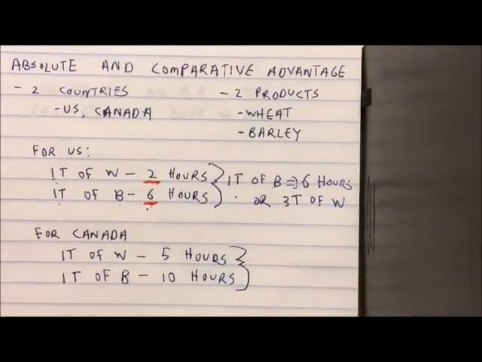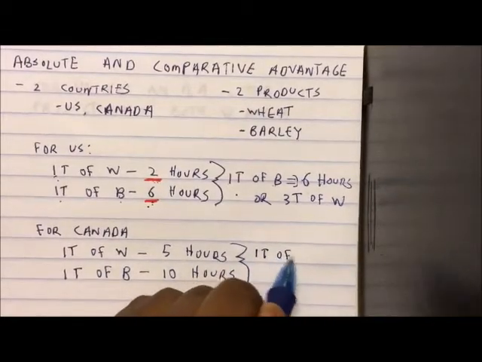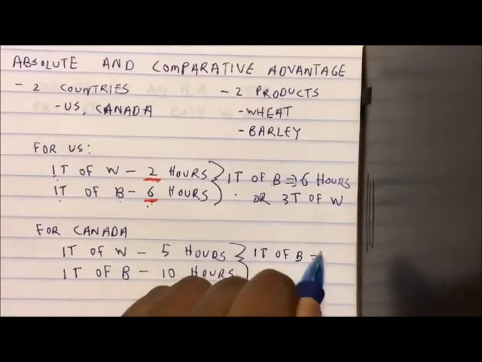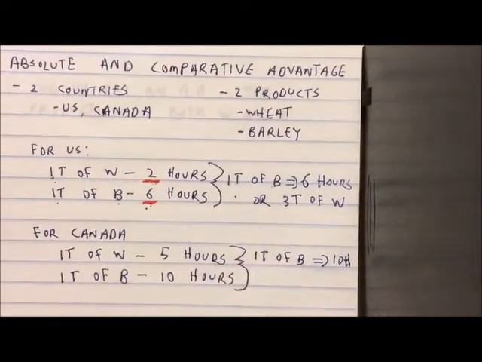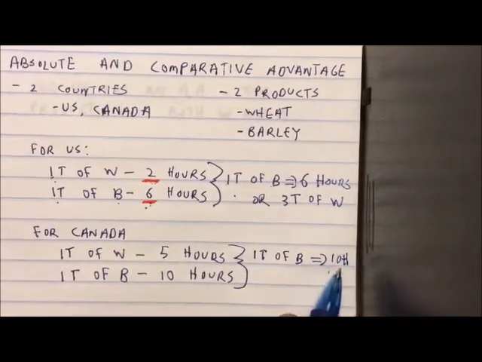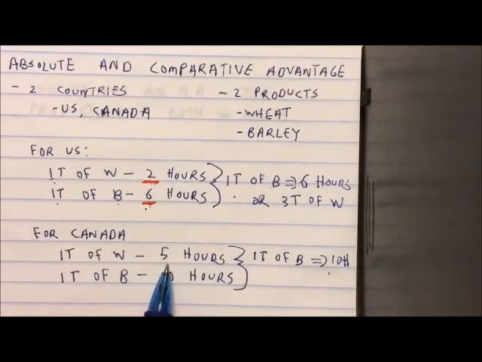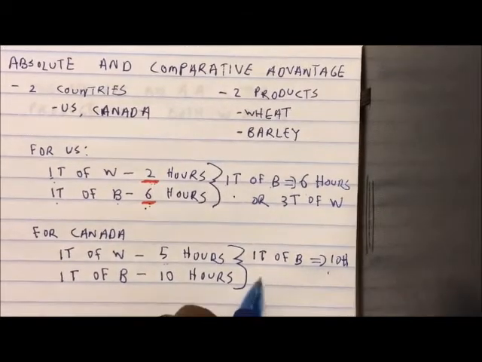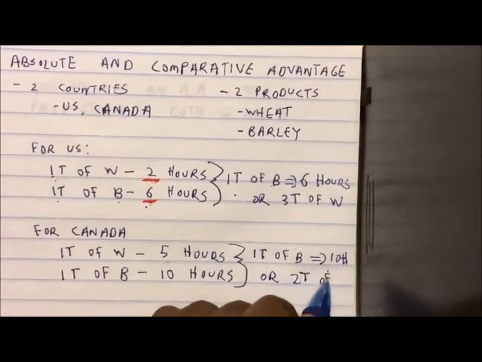If we look at Canada, if I give up 1 ton of barley in Canada, I free up 10 hours. I'll just write an H here. With that 10 hours, how many tons of wheat can I produce? Well, 1 ton of wheat requires 5 hours, so in 10 hours I can produce 2 tons of wheat.